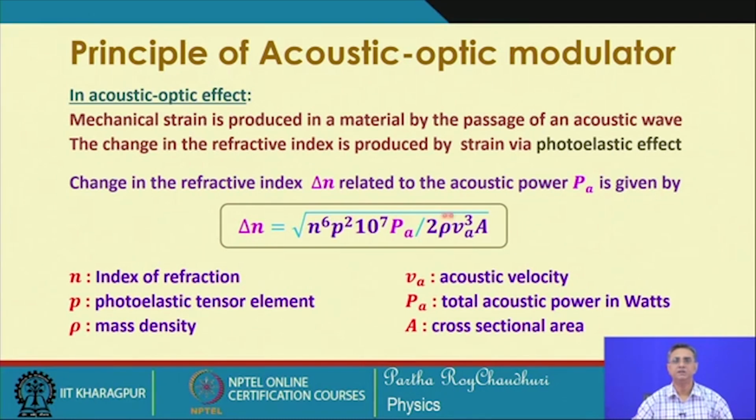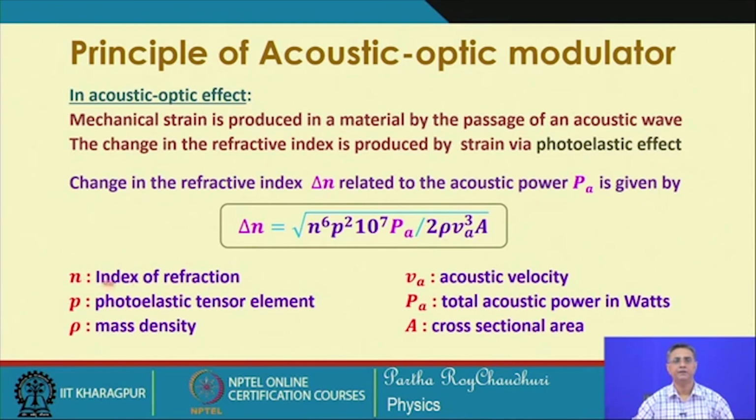But this is the relation which will be used for designing such modulators, knowing the values of the refractive index of the medium, the photoelastic or strain optic tensor coefficient, acoustic power, density, velocity of the acoustic wave, and the cross sectional area of the beam that is effective for this diffraction.